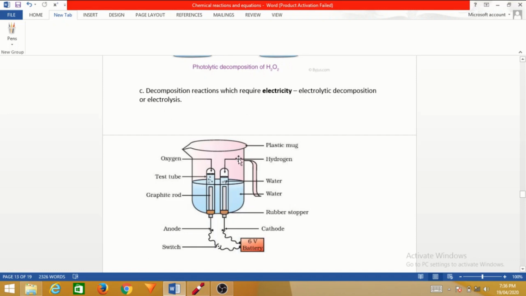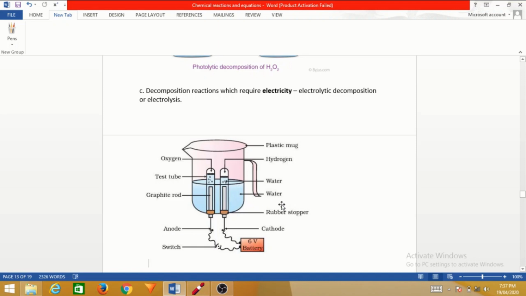Another example for this, you can see there is a setup. In this beaker, what we have? We have water and we want to decompose, means we want to break water. So if you break water, what you will get? You will get H2 and O2. So for this you need a setup. You need two electrodes attached with a battery.